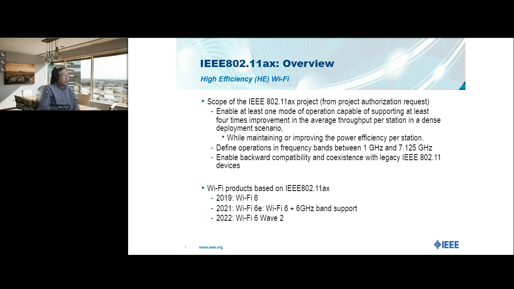At the end of 2021, they launched Wi-Fi 6E, which is Wi-Fi 6 plus 6 gigahertz band support. And last year they launched Wi-Fi 6 Wave 2, which has more features on top of the Wave 1 release of Wi-Fi 6.